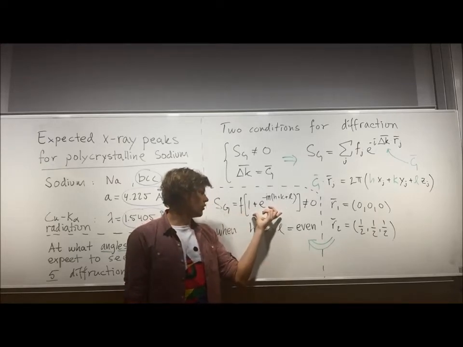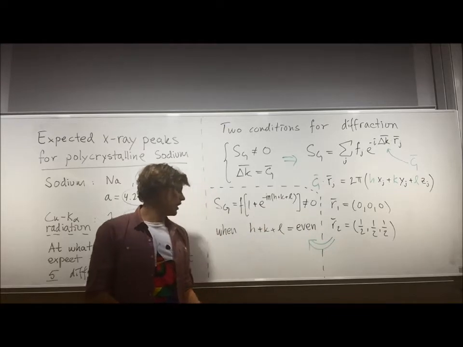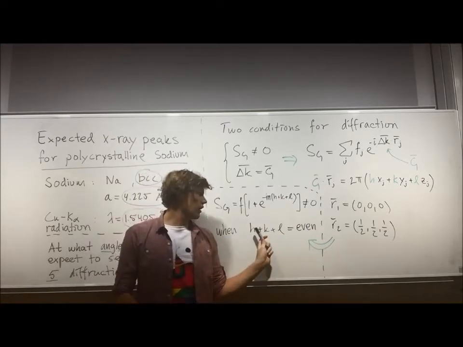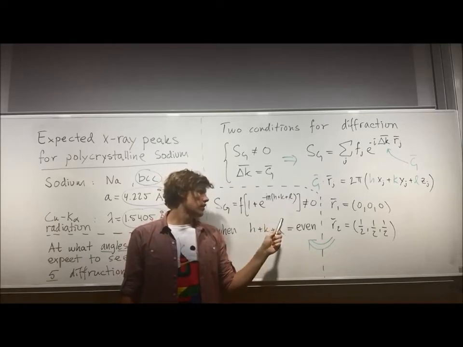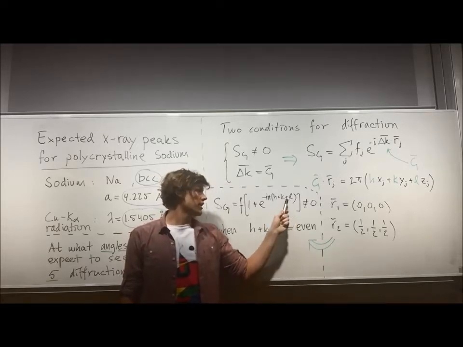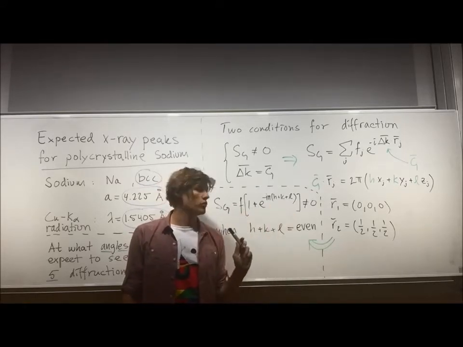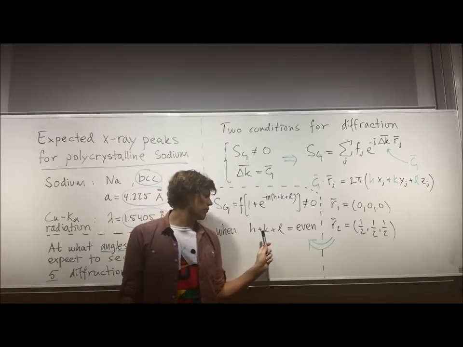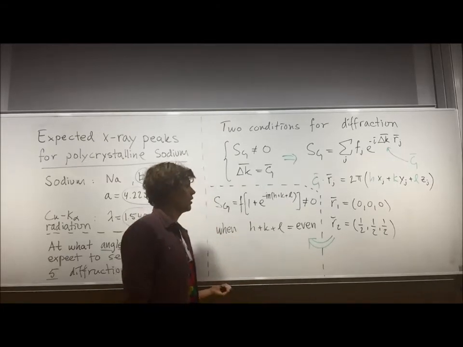If you look at this expression here, you can see that when h plus k plus l is even, this expression here becomes 0, meaning that the whole thing is non-zero. So we require that h plus k plus l is even.